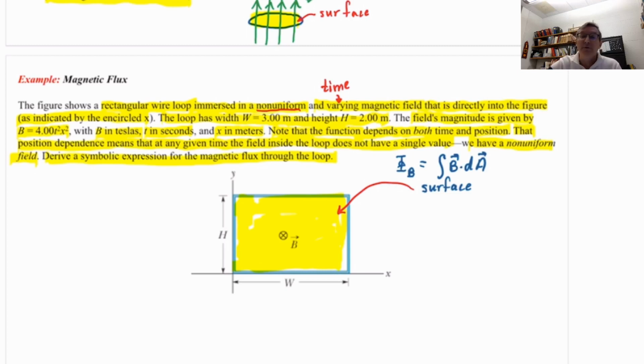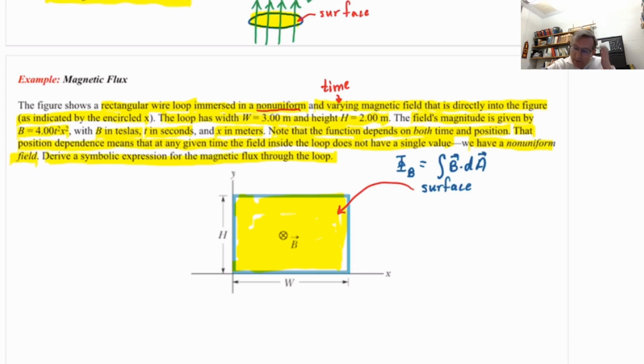So I'm going to choose the dA arrow to be into the screen, the same direction the B is. That'll just make things a little bit easier. But what shape for dA? Well, base the shape of dA on how B depends on position. B depends on x, not y, but x.